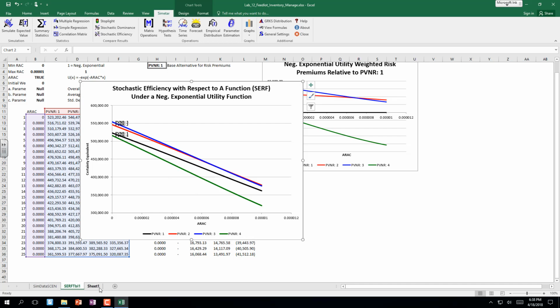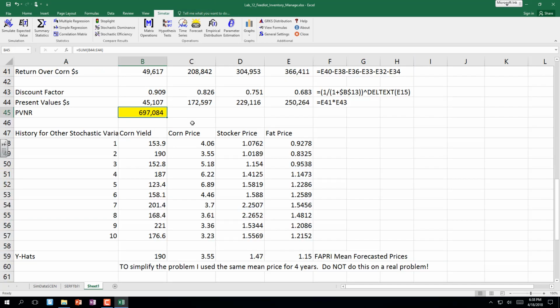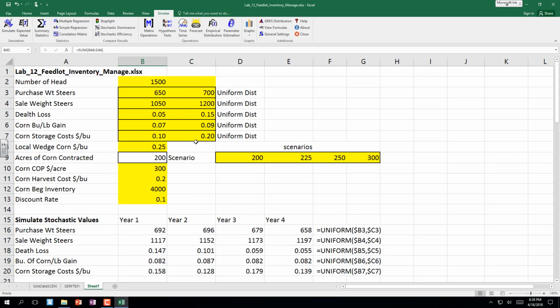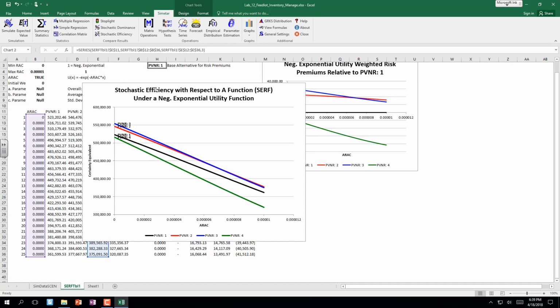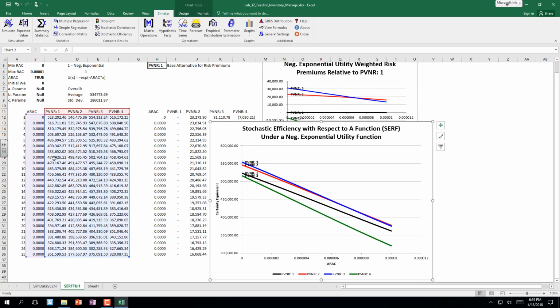So if we go back and look at the scenarios, scenario 2 is 225 and scenario 3 is 250 acres that we'd contract for corn. Okay. And if you wanted to see the numbers on that, you could look at them over here.